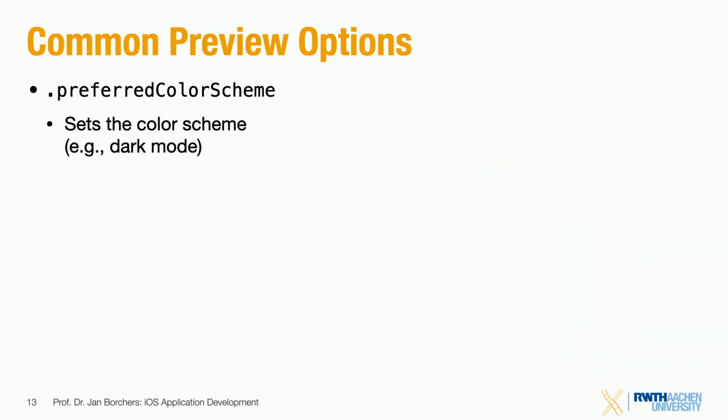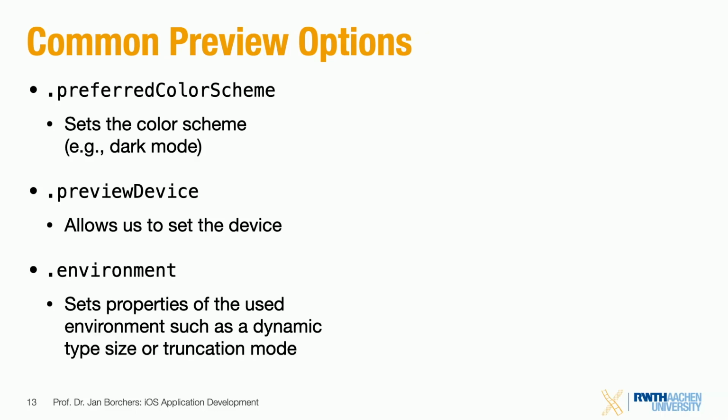Okay, a couple options that you might see or might use. You can choose a preferred color scheme, like dark mode, for example. You can set that to have your preview always come up that way. You can say which preview device you want to use. This is all just for the preview part down there in that code that I said we're not touching very often. But if you do want to go in, you can do that.